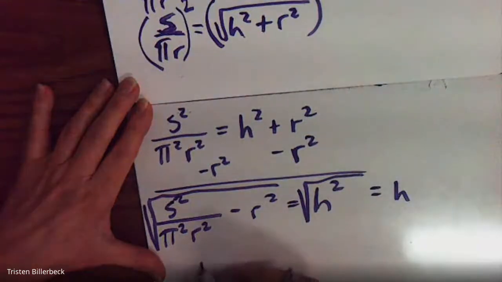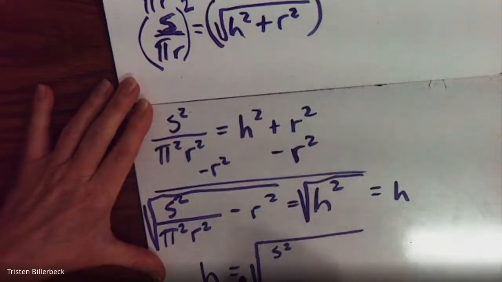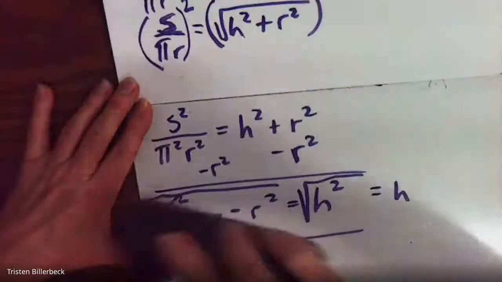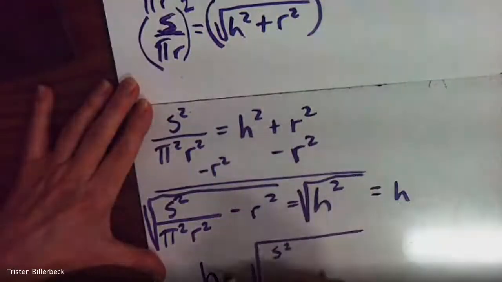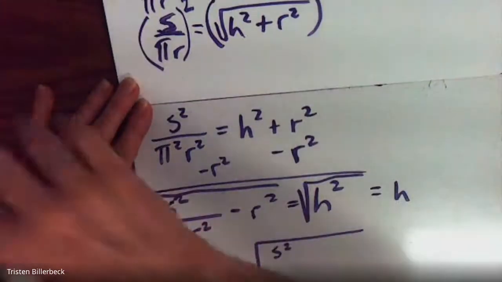So my final answer to get h as the subject: I have h equals the square root of s squared over pi squared r squared minus r squared. Oh, and this one we do need to have a plus or minus sign, because h squared could have been a negative number squared. So this is when it's really important.